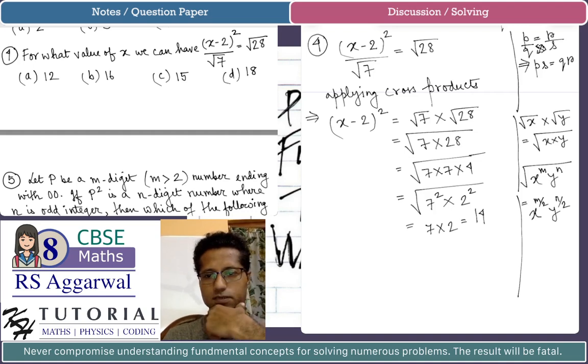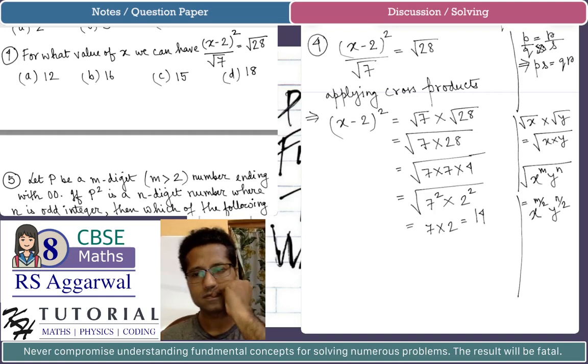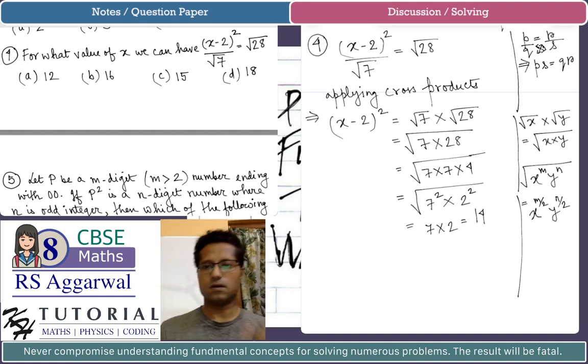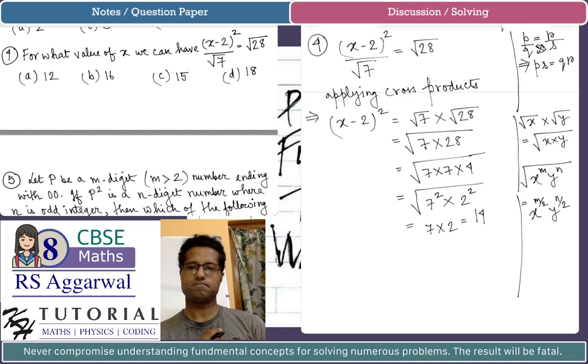Okay, one second. What we have is (x minus 2) whole squared is this. For what value of x can we have the square root of 28?